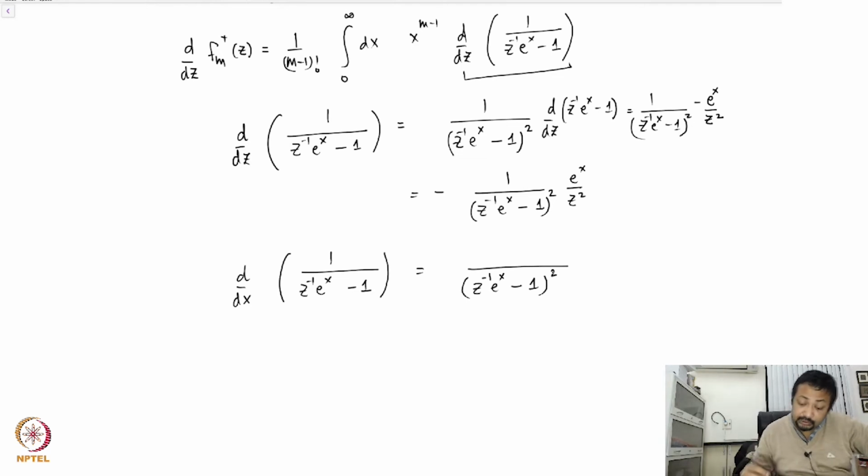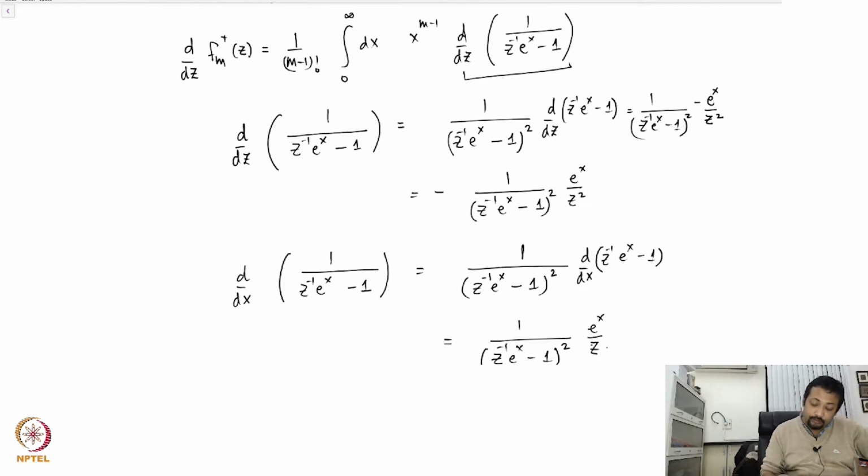This, and then I have d/dx of (z⁻¹eˣ − 1), which gives me 1 over (z⁻¹eˣ − 1) whole square times eˣ over z.